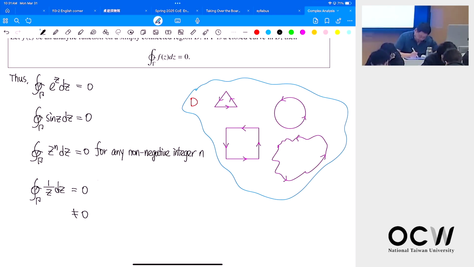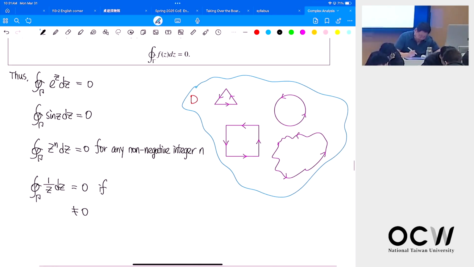If it is 0, that means the closed curve does not include the origin, not enclosing the origin. If this closed curve encloses or includes the origin, then it is not 0.